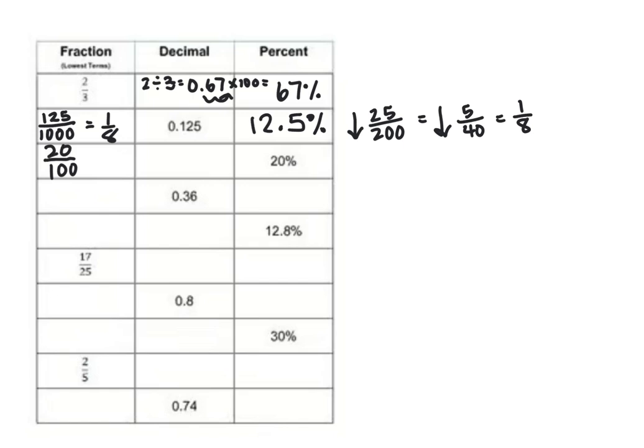Now you can simplify that using your calculator, or you can think, I know that 20 goes into 100 evenly, so I can just think about dividing this by 20 over 20. So 20 goes into 20 once, and 20 goes into 100 5 times.